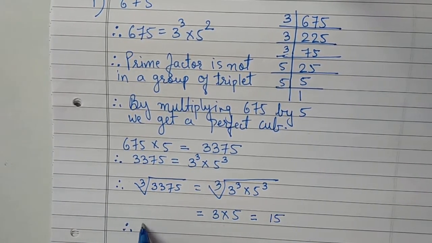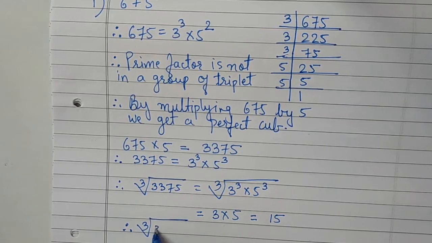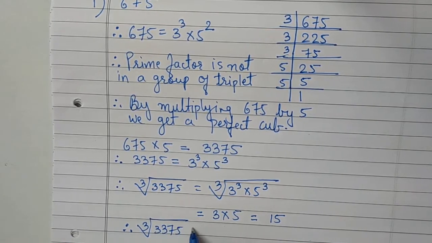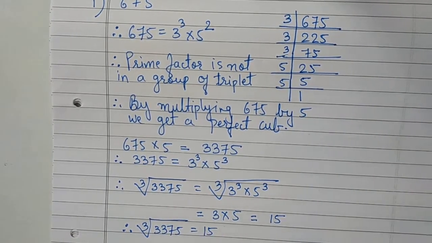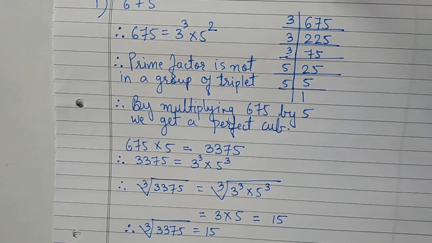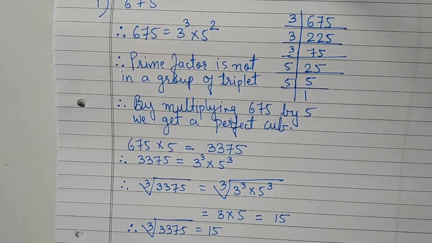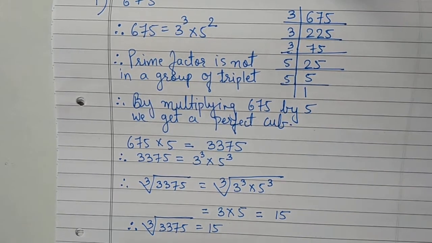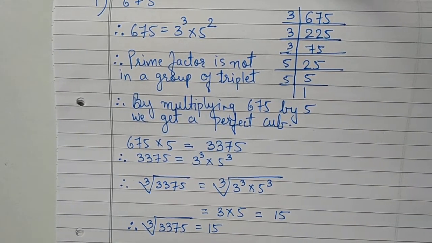Therefore cube root of 3375 is 15. And the main question of ours, that is, which is the least number by which we multiplied 675? It is 5. So we have to write the final answer.